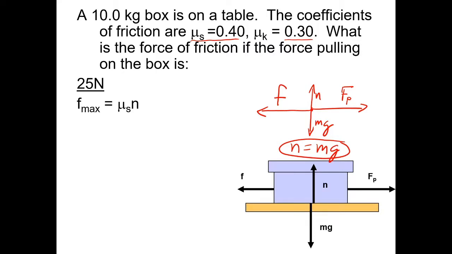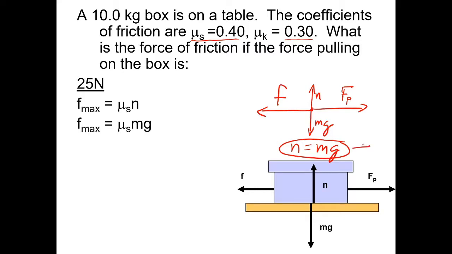So let's see what the maximum friction is. The maximum pull we need to get it moving is mu s times the normal. And that max doesn't make anything different. It's still just a friction equation.